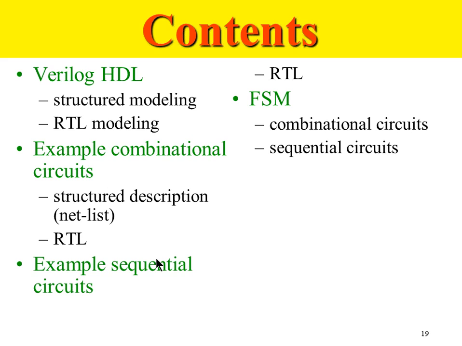All these are part of combinational circuits. These are examples of combinational digital circuits. Any examples from the sequential circuit section? ROM, RAM, memories, okay. Anything else?